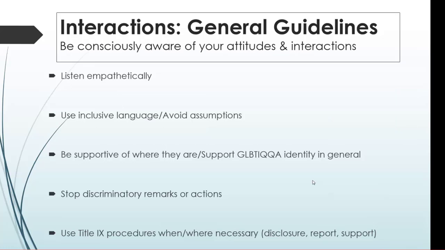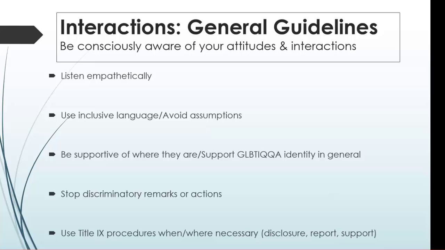The second area is looking at our general interactions, and being aware of your attitudes and the interactions you have, of course, with gay, lesbian, bisexual, transgender students. There's a list here of things to look at. The one I would point out in particular is avoiding assumptions.